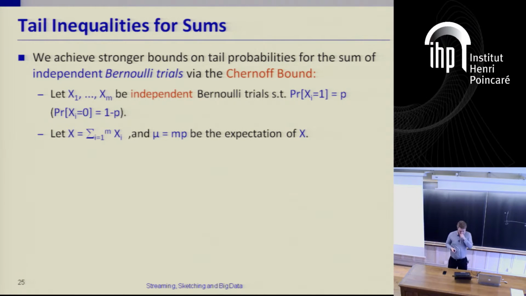Let me now analyze how much I deviate from expectation when I can treat each of these as independent. Let me look at the sum of the values that I see based on m independent draws. I know that what I expect is m times p. That's the expected value of this sum.